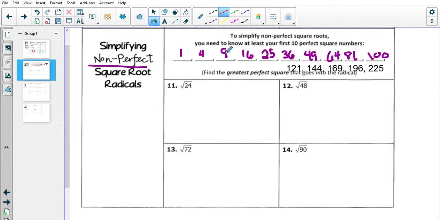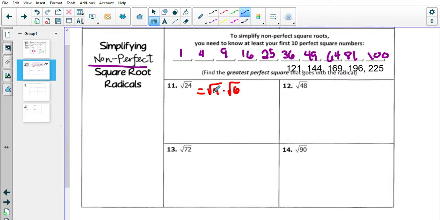24 divided by 9, I get a decimal. Not the number I want. But if I do 24 divided by 4, I get 6. So we are going to rewrite this, because 24 is just 4 times 6. I'm going to rewrite this as the square root of 4 times the square root of 6, because when I multiply my radicals, I multiply the numbers inside.